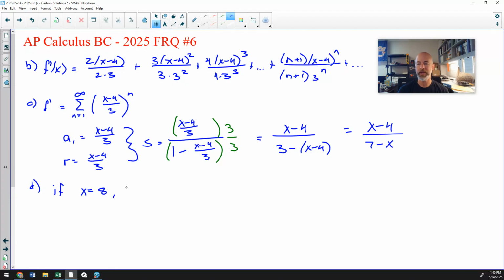If x is equal to 8, the ratio of the series for f prime is (x - 4)/3. The radius of convergence for the series f of x is 4. Uh-oh. No, it's not. It's 3.